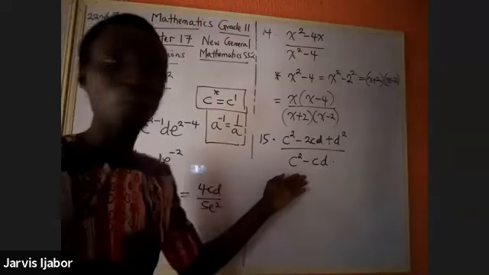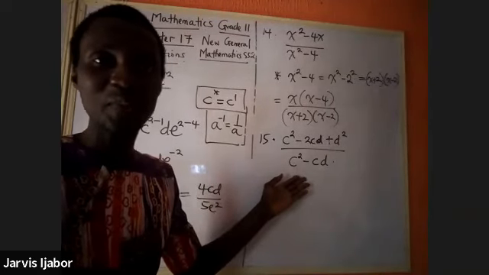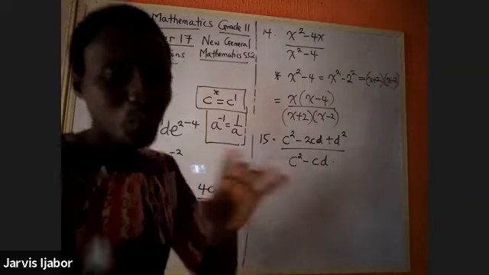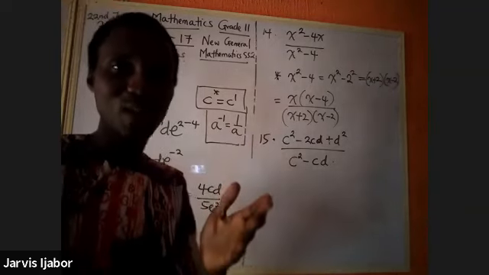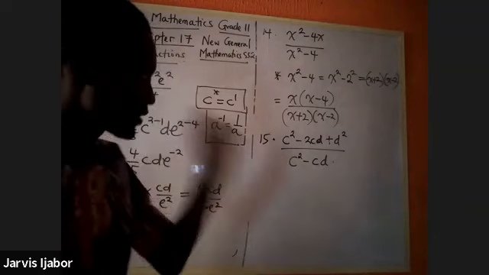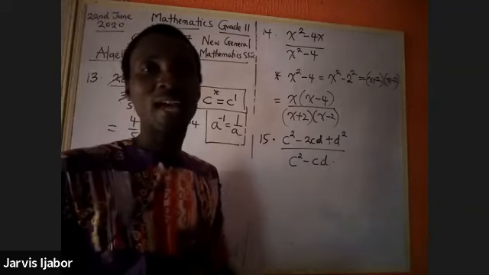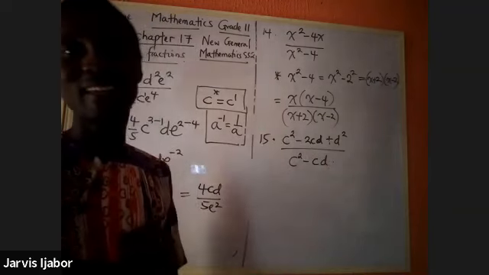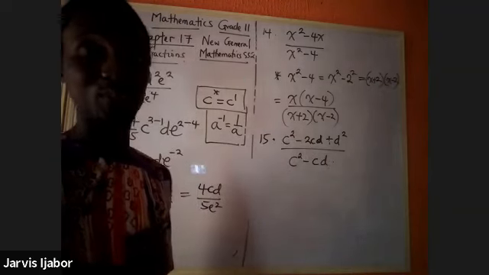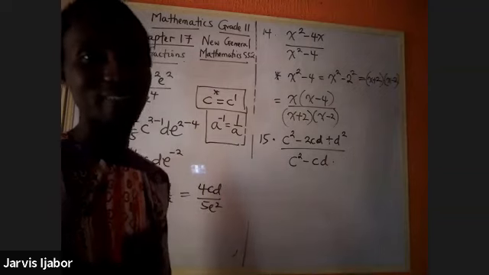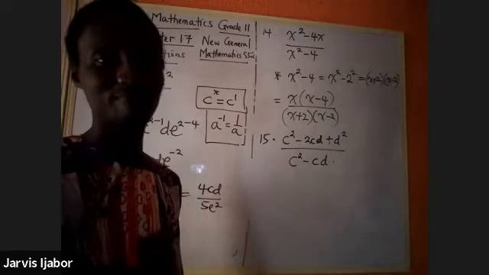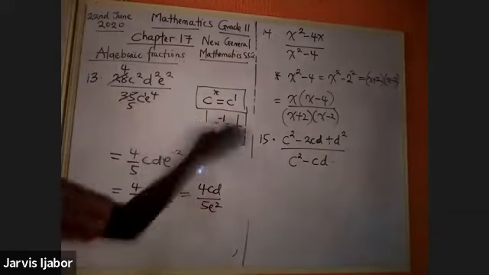After this question, we're now moving into quadratic expressions, so your knowledge of quadratic expressions is what you need here. After this topic, if you still don't factorize, then you are doing me injustice. All right.